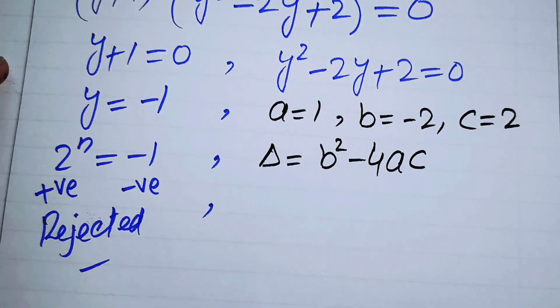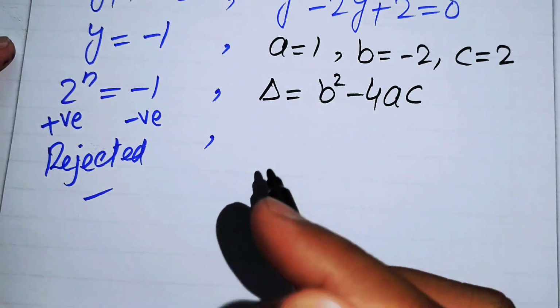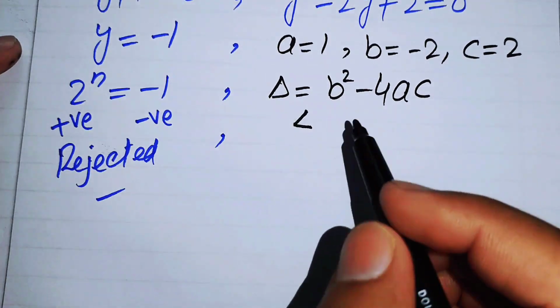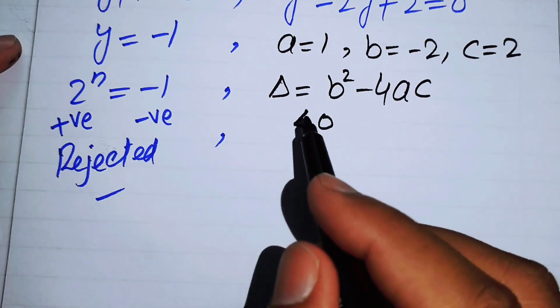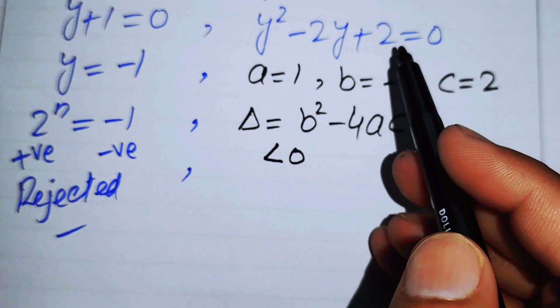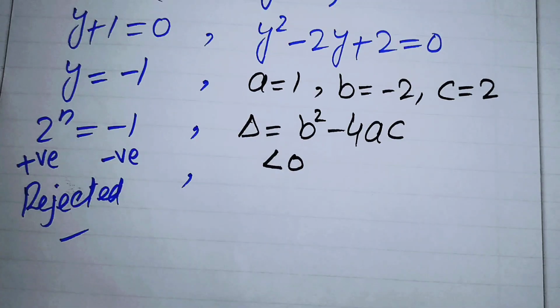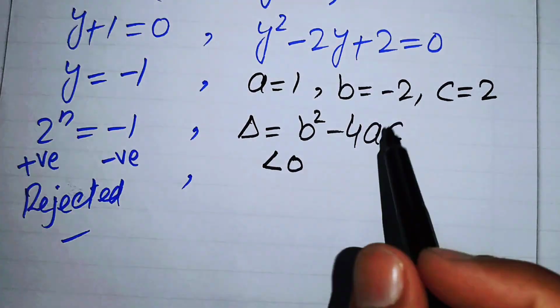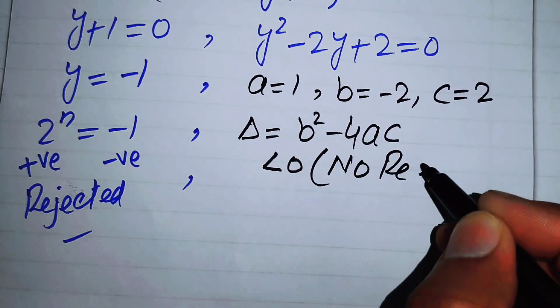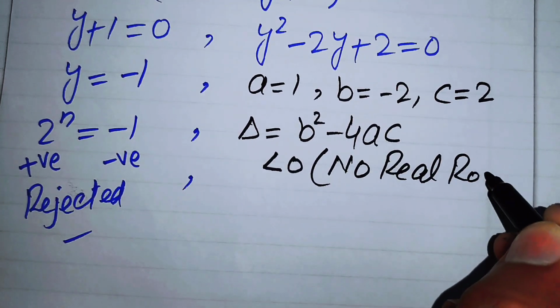So now I can explain this discriminant formula a little bit. You know that if this delta is less than 0, then we can say that this quadratic equation has no real root. So I can just write it has no real root.